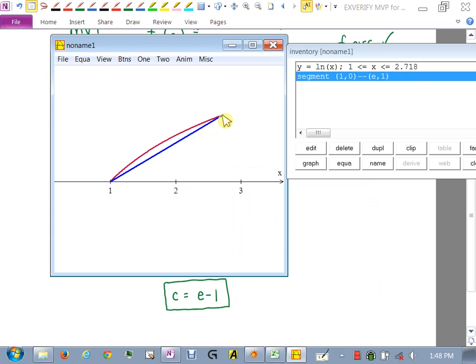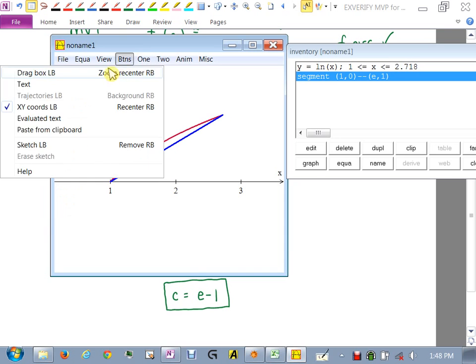Okay, see that blue line? It connects these. That's our secant line, right? We just said that if you go to e minus 1, which on your calculator is about 1.718, something like that, and look at the tangent line there, it should be parallel to that blue one.